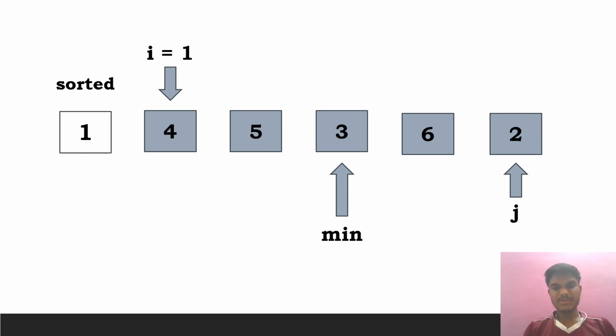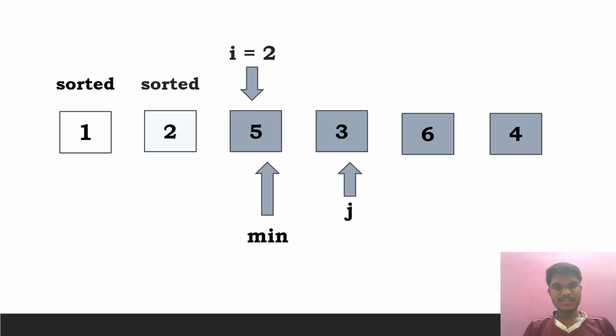Then minimum becomes 2 and j is also 2. And the second iteration is completed. Then we will swap the minimum value and the second element of the array. Then the first two elements become sorted. Then i and j both are incremented.